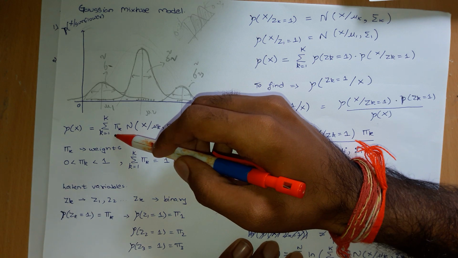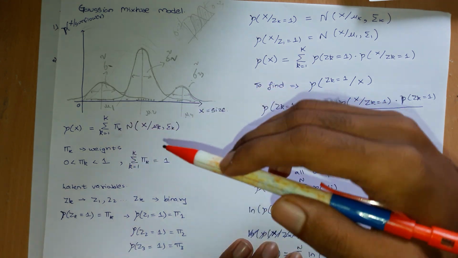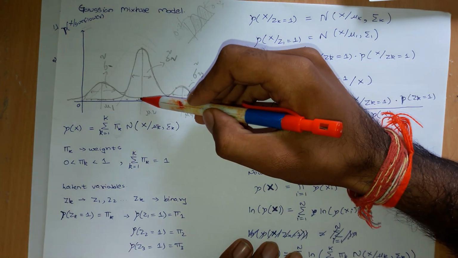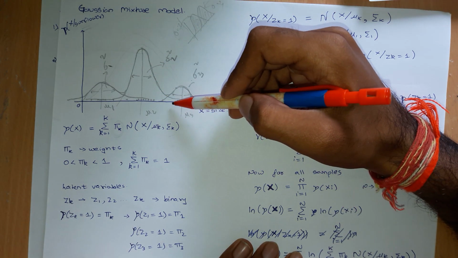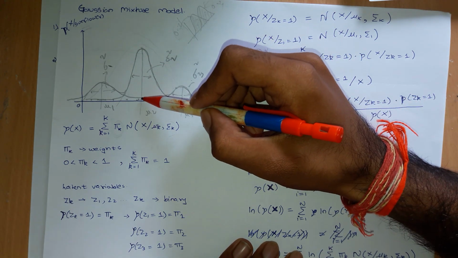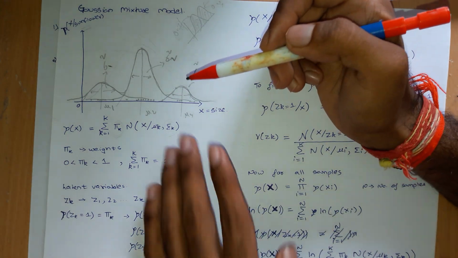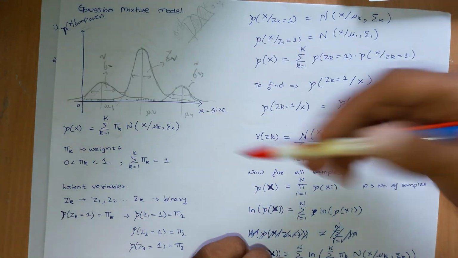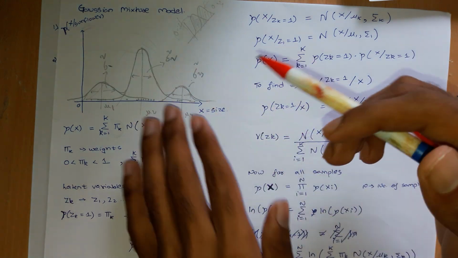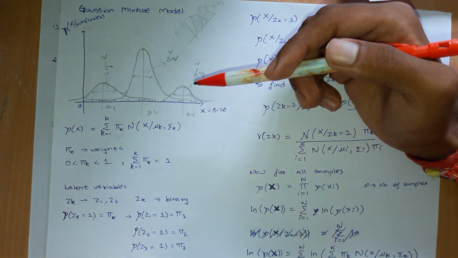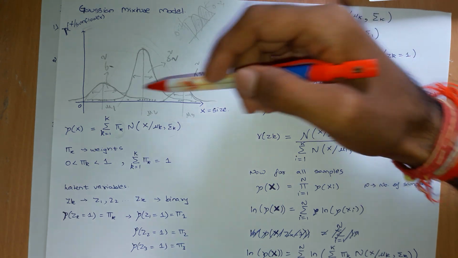So you can also say that pi k is the probability that a sample falls in a given Gaussian. So the probability that a sample will fall in this Gaussian, the prior probability. Suppose you don't have the sample data, you just have these three Gaussians. What is the probability that a sample will fall in any of the three?